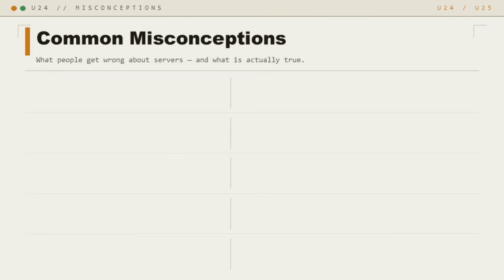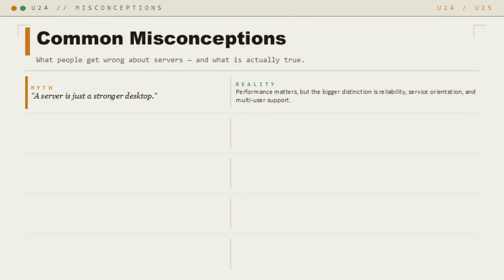Here are a few common misconceptions about servers, what people get wrong, and what is actually true. Myth number 1. A server is just a stronger desktop. Not exactly. Performance matters, but the bigger distinction is reliability, service orientation, and multi-user support. Myth number 2. Any computer can be a server, so dedicated server hardware does not matter.